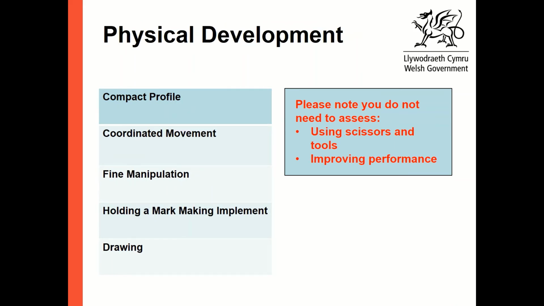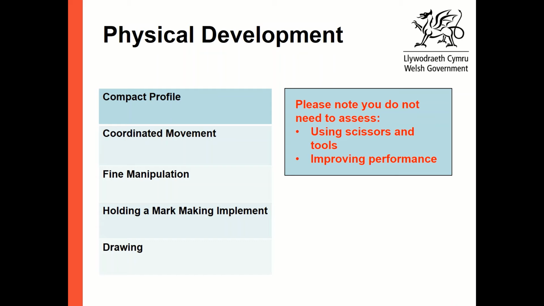Physical development. So physical development influences the range of activities with which children can engage. This in turn can influence their dispositions and motivations, which then in turn influence a range of academic and social outcomes. Ladders in physical development give information about gross motor skills and fine motor skills.